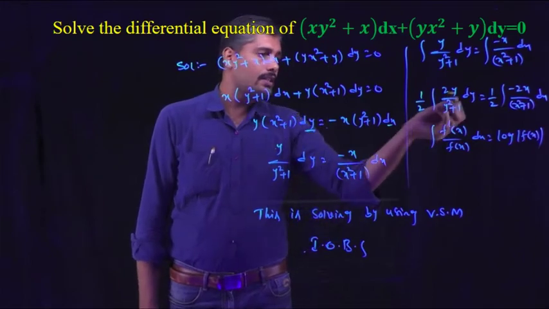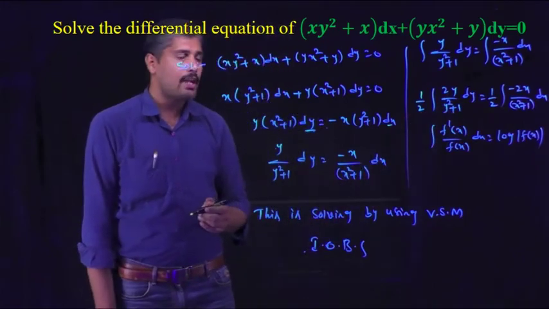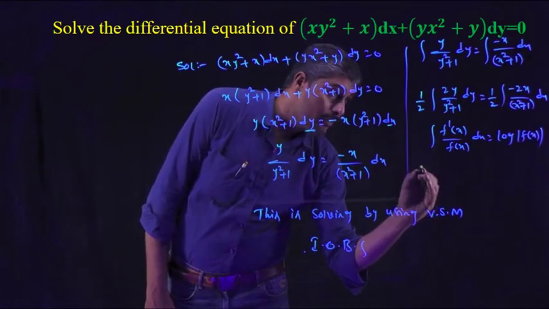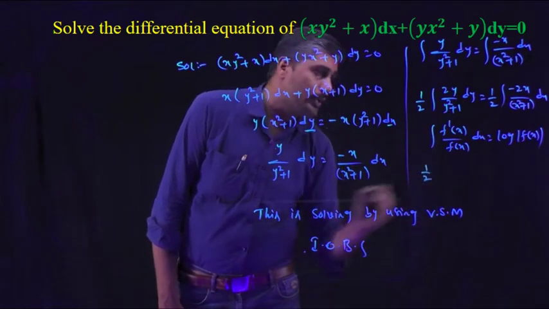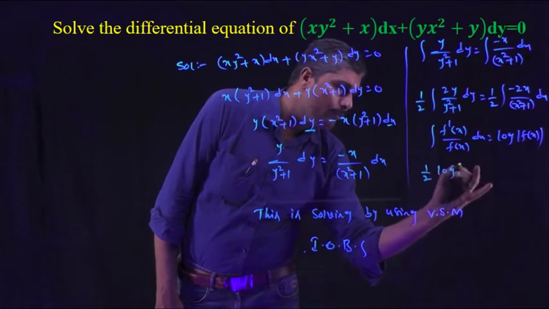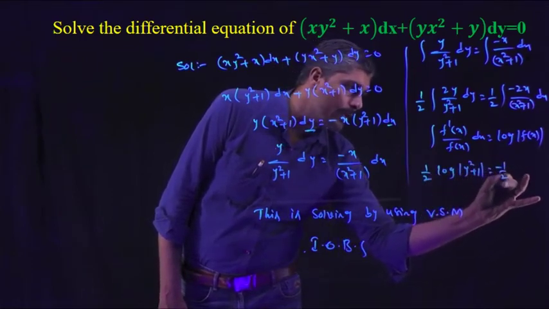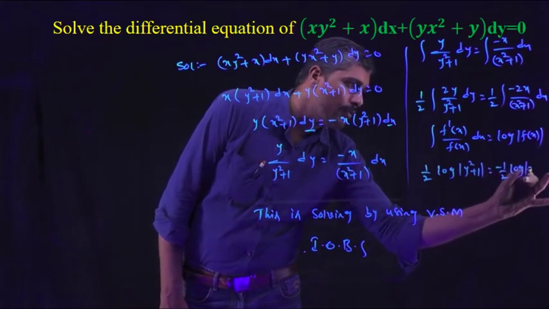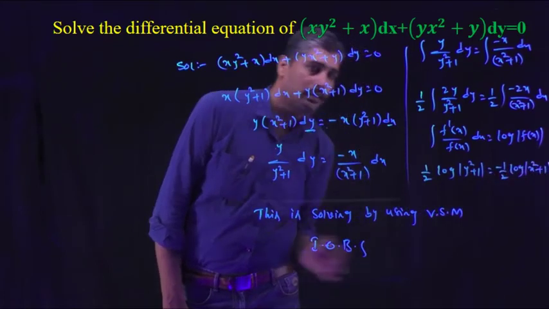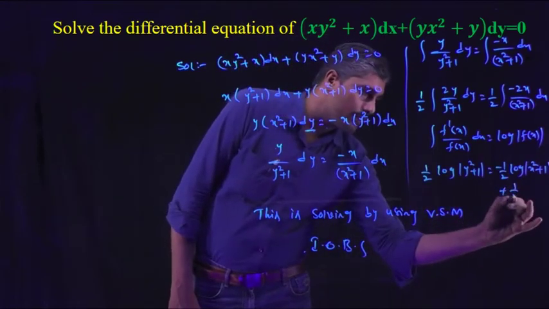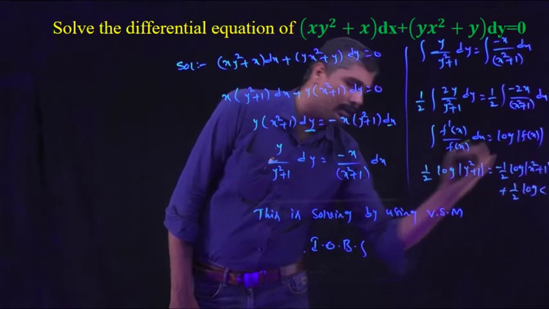That's why this is in the form of f'(x) by f(x). Then applying the formula, we get 1/2 log of modulus of (y² + 1) equal to minus 1/2 log of modulus of (x² + 1) plus 1/2 log c. This is the arbitrary constant.